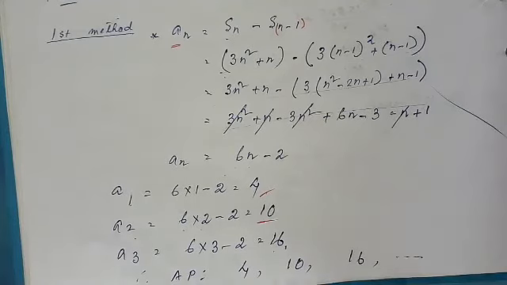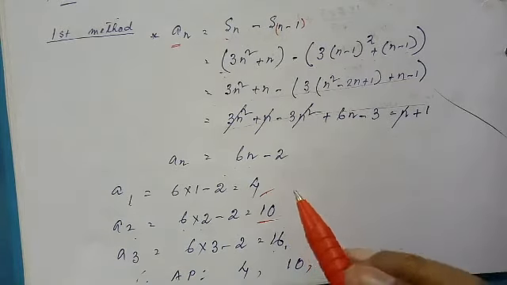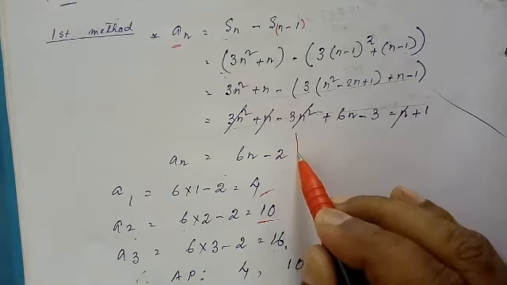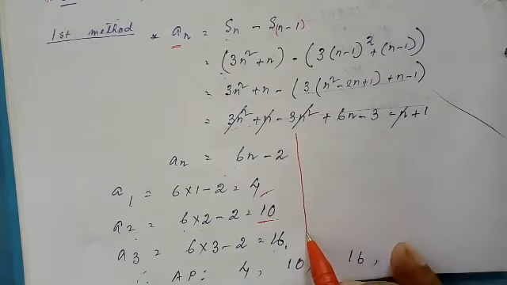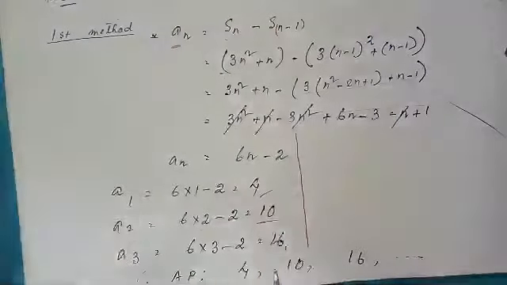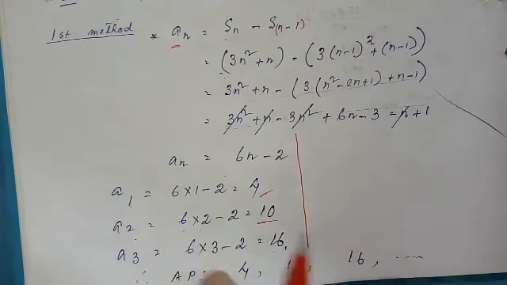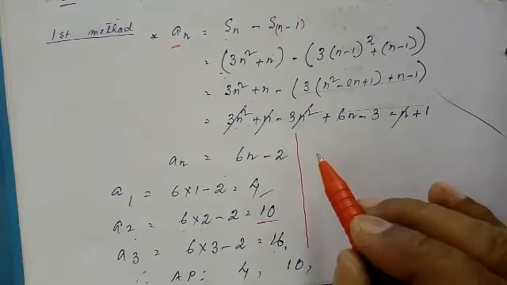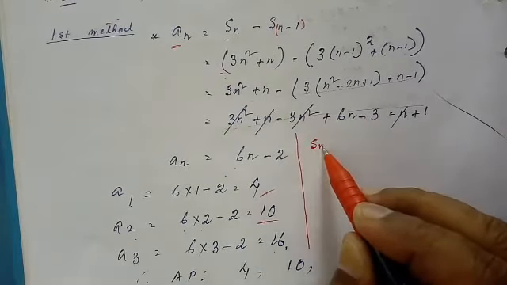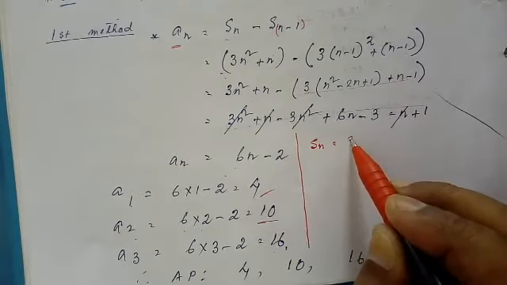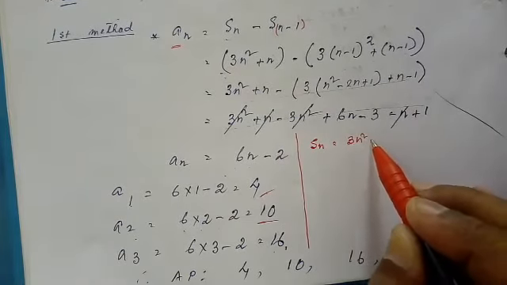This can also be done in another way. I am showing you by another method. As I have explained earlier, Sn is equal to 3n square plus n.